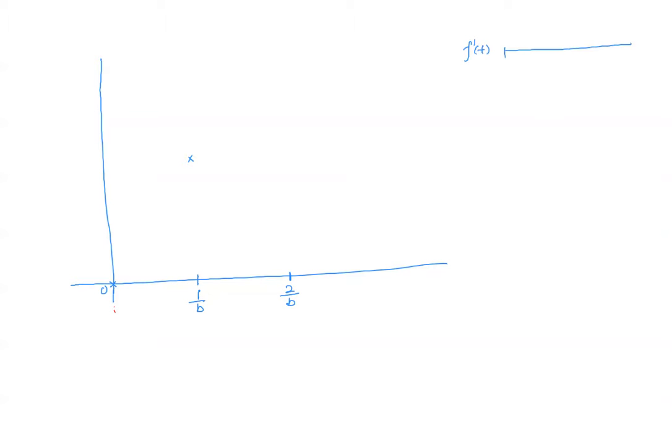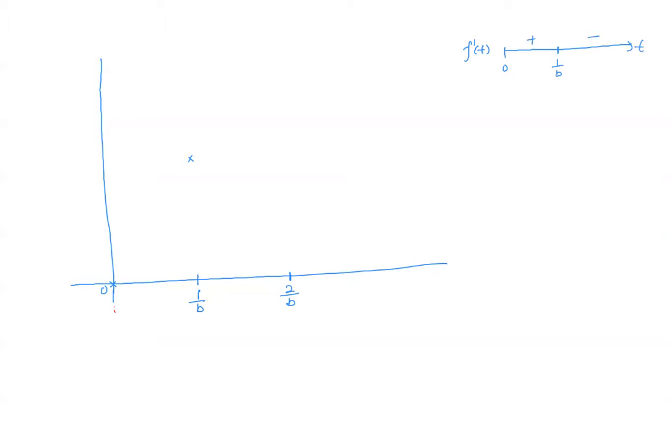So this is my axis. One is 1 over b, the other one is 2 over b. When t equals 0, this is 0, and here is the highest point. If you look at the f prime t sign diagram, I draw it again: 1 over b, here is positive, here is negative.